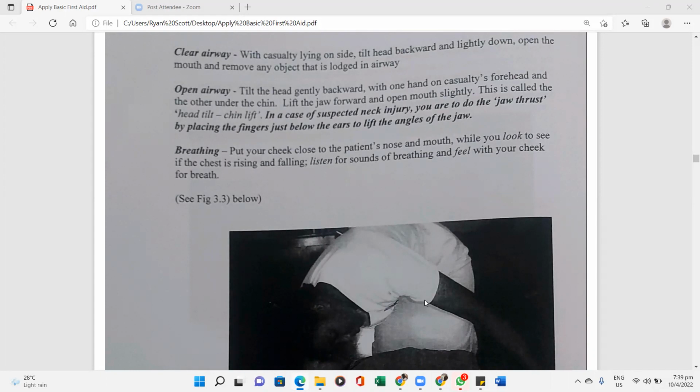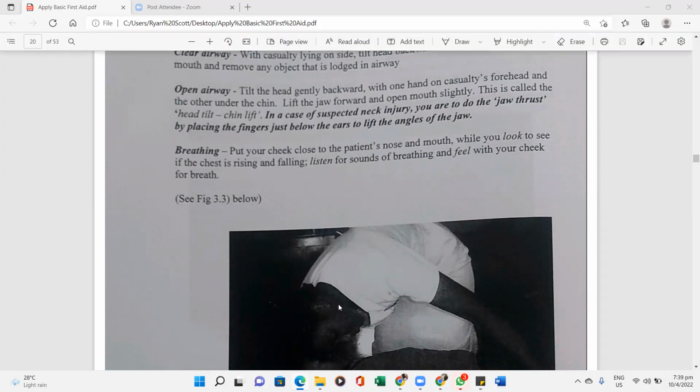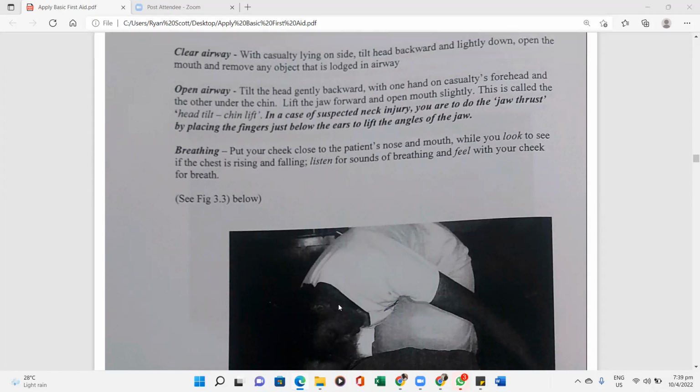So you put the person on the side, you tilt the head backwards and slightly down. So it's not that you put the person on the back, then tilt it backwards. You put the person on the side, then you tilt the head backwards and pull it down a little. Then anything that's there might roll out of the mouth. Understand?